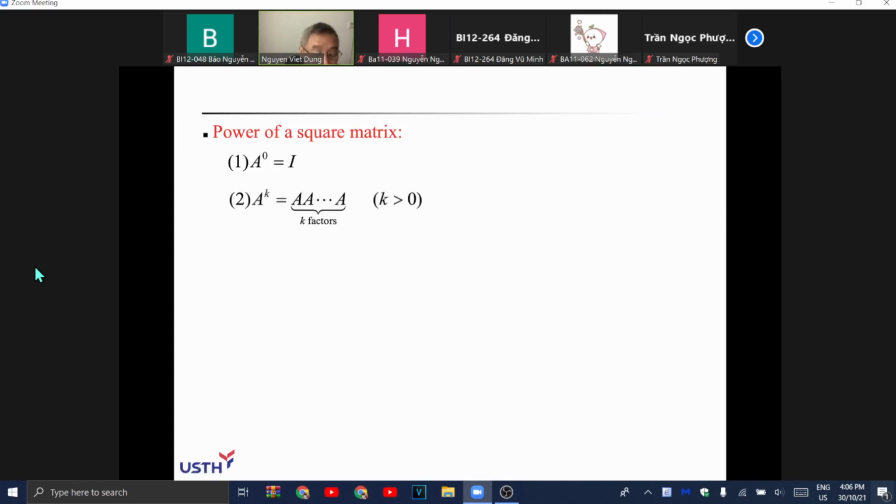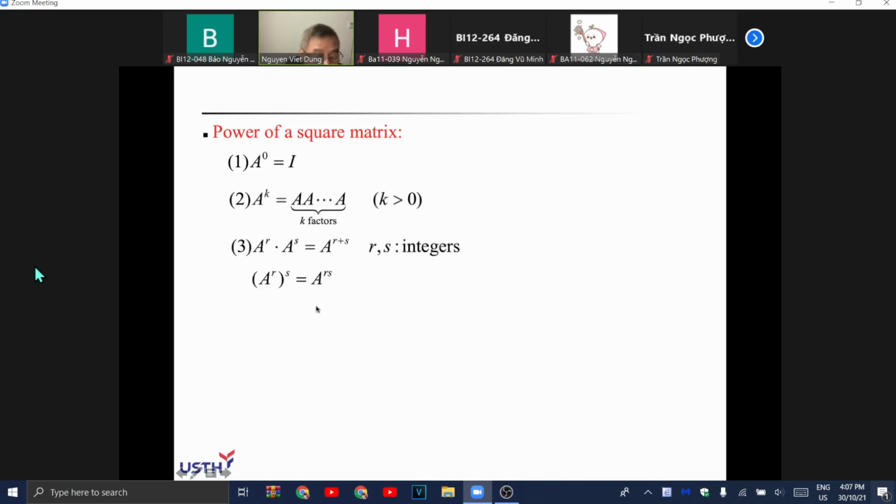Second, if k is any positive integer, k more than 0, then we define A to the power k as the product of A, k times. It is very easy to verify that if we take A to the power r multiplied by A to the power s, you will get A to the power r plus s. Here r and s are integers.